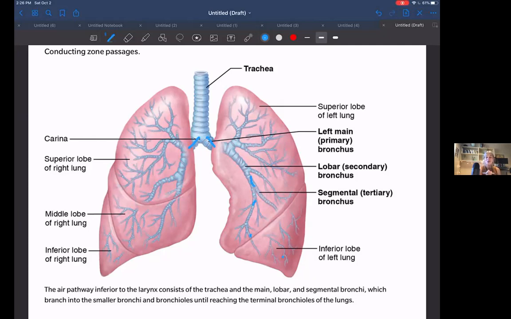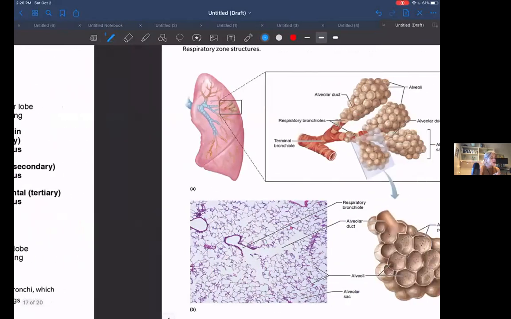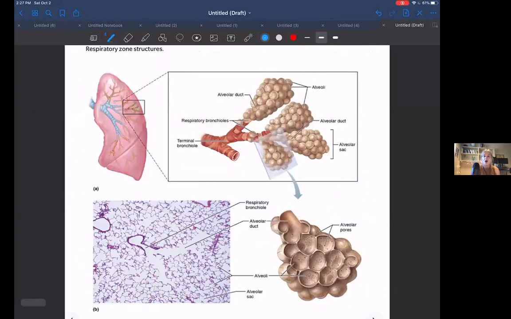What this is going to do is lead us into the structure where we have gas exchange and a very large surface area for gas exchange. The gas exchange occurs in these structures called the alveoli. So we have this terminal bronchiole, right? And then it goes into respiratory bronchioles, but this is my alveoli.